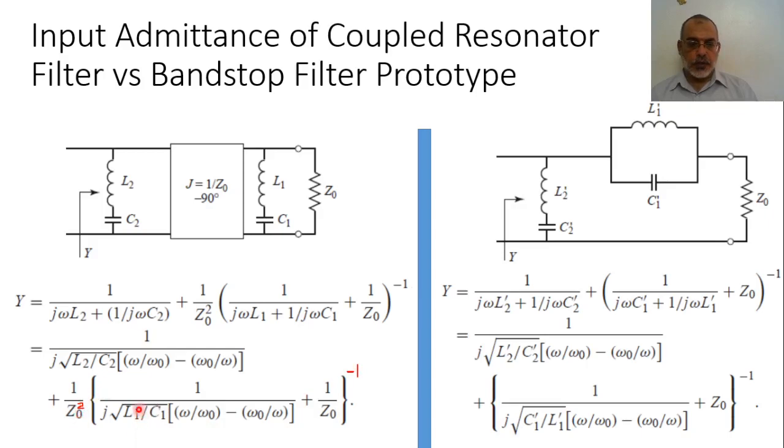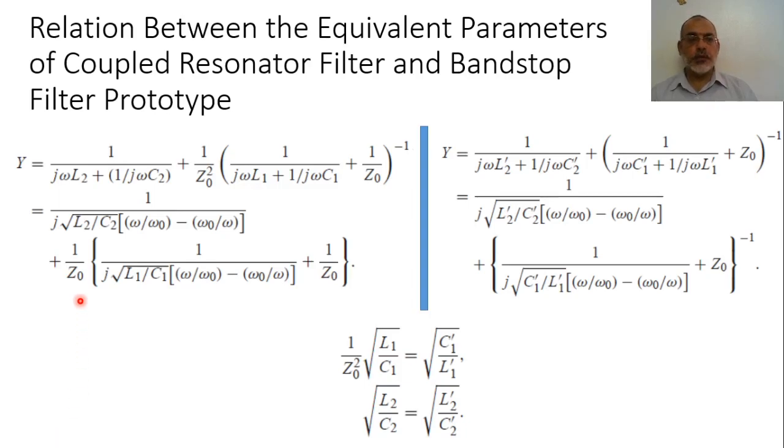So this value should equal this value with this factor. It is required to equate every term on this side to this side. So the first term is square root of L2 over C2 equals square root of L2 dash over C2 dash.